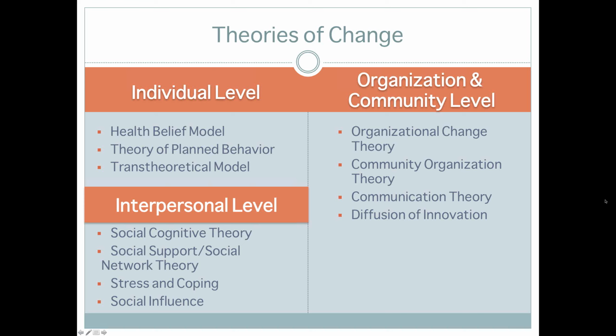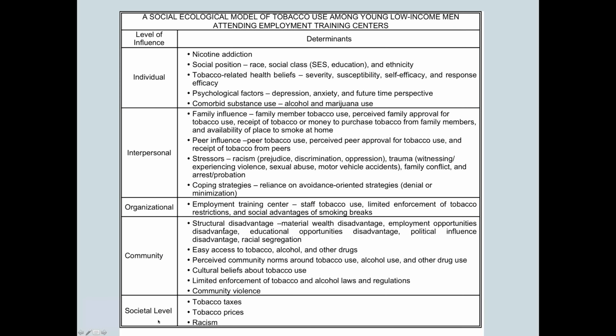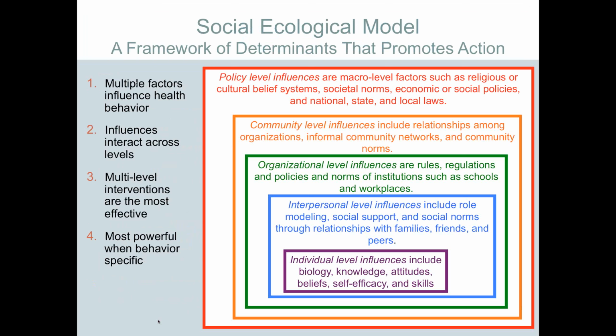Okay, there's another question about how the organization, community, and societal levels differ from one another. I'm going to go back to the slide on the social ecological model to explain this, to make sure that I differentiate these levels.